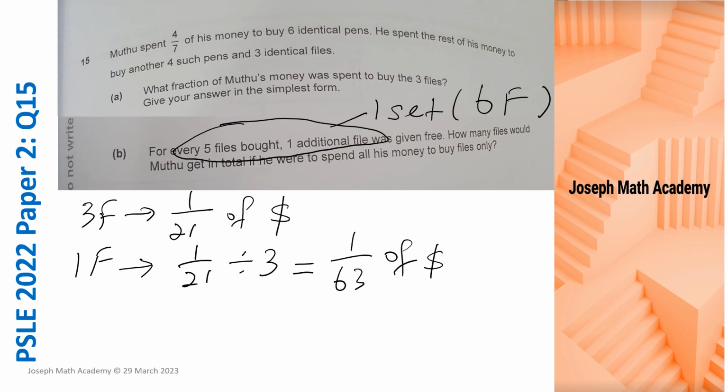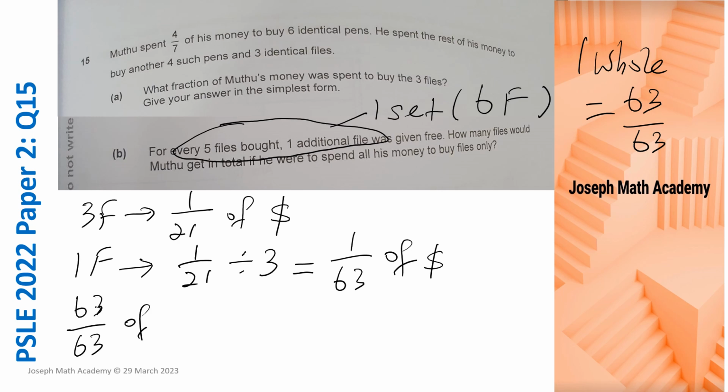All right, so using his entire money is 1 whole, right? And we all know long time ago that 1 whole is equivalent to 63 out of 63. So 63 out of 63 of Muthu's money should be able to buy 63 files. This is very easily understood.